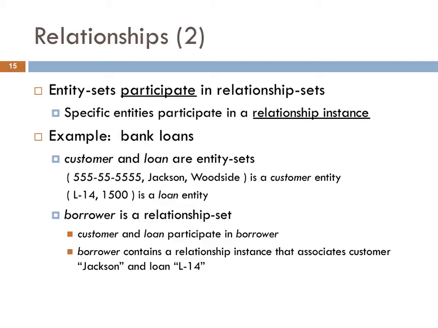We're allowed to have Smith and L14 as well as Jackson and L14 because they're different relationship instances. They relate two different entities. We can have Jackson and L19. That would also be fine. But we can only have one instance of the relationship Jackson and L14. So that's what we mean when we say it's a relationship set.